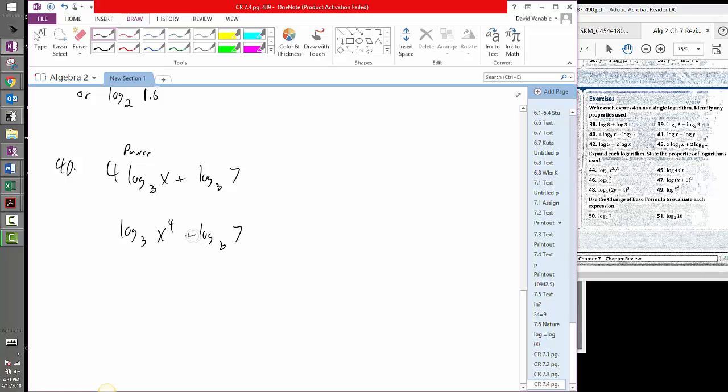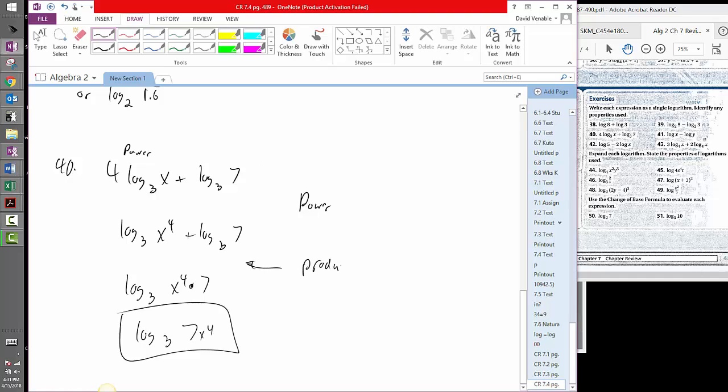And then I'm going to go, oh wait, separated addition is just multiplication. So this is log base 3 of x to the 4th times 7, or log base 3 of 7x to the 4th, if I want to write it all as one thing. So I use the power property in the first step, then I use the product property in that second step.